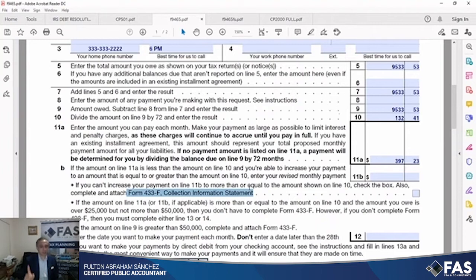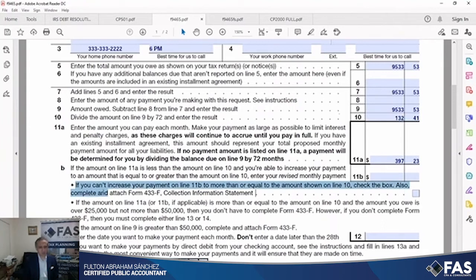If you want to pay less than $132, you have to prove to the IRS that your income and expenses are not enough to pay $132, that you have no assets that you can dispose of to cover your debt.